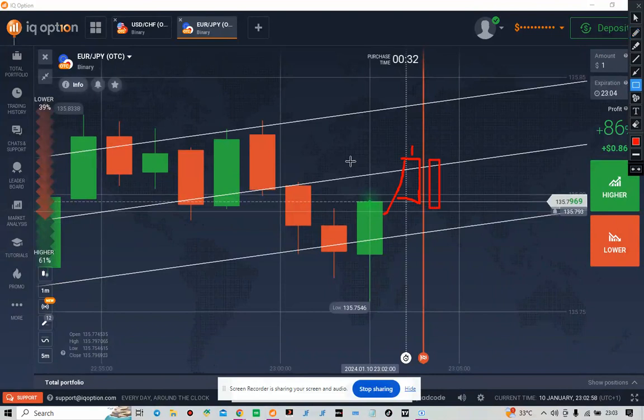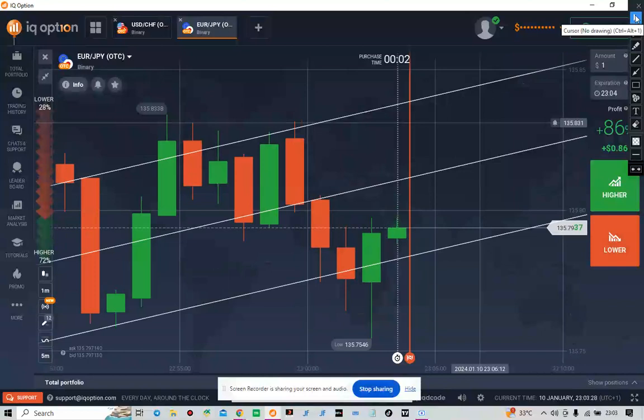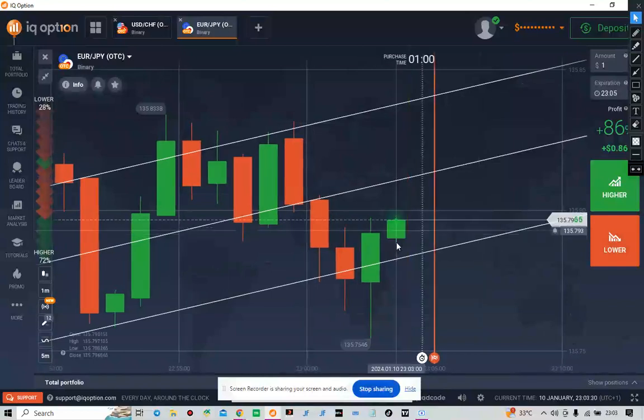If there's a rejection and there's no gap, the price is going to reverse. Watch. See the buyers are entering the market.